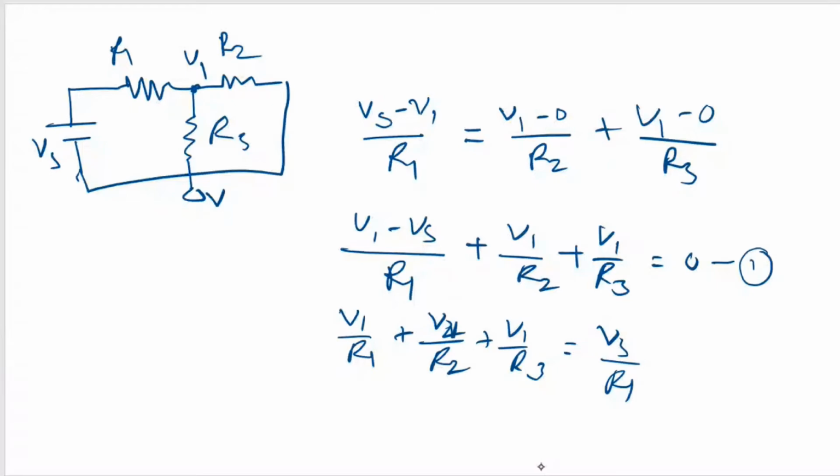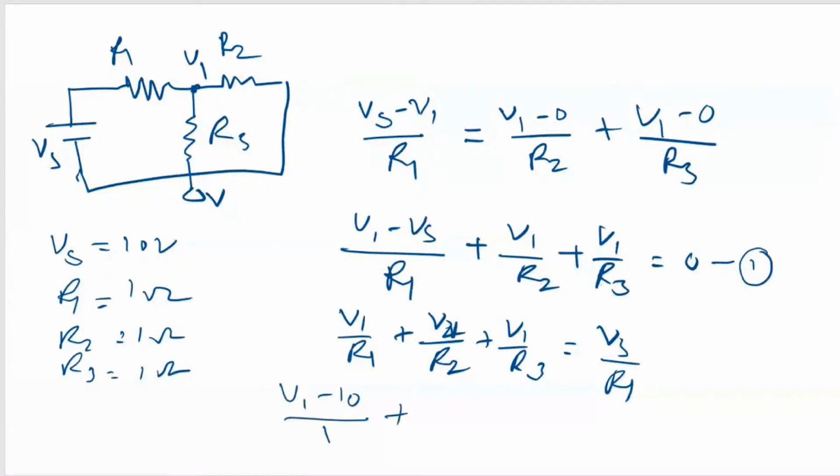How many elements are there? R2 is there, R3 is there. So V1 by R2 plus V1 by R3. Suppose Vs is equal to 10 volts, R1 is equal to 1 ohm, R2 is equal to 1 ohm, and R3 is equal to 1 ohm. Then V1 minus 10 divided by 1 plus V1 by 1 plus V1 by 1 is equal to 0.